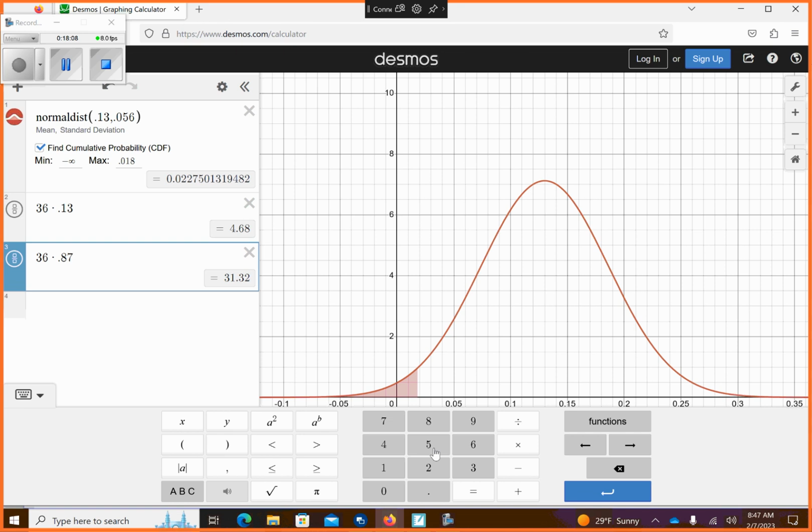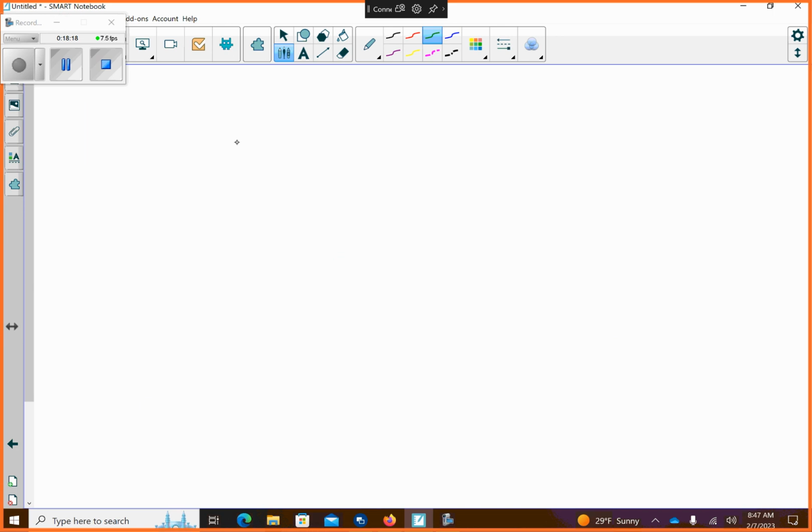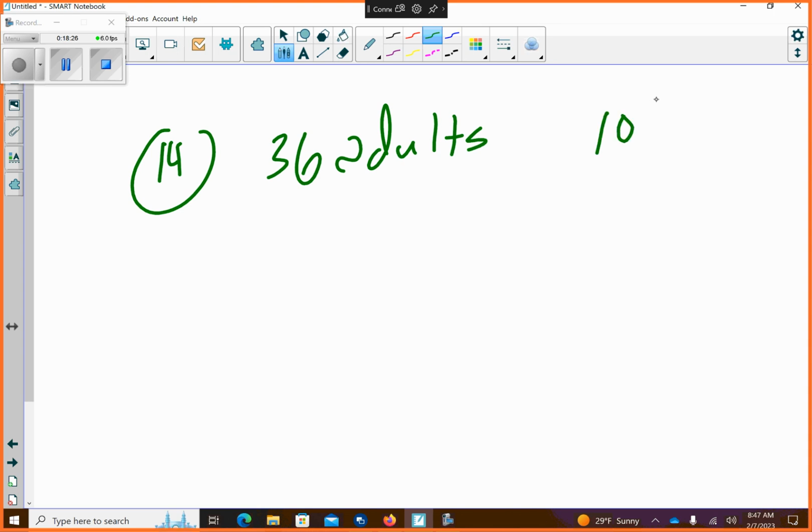Then assume your random sample of 36 adults produces 10 seniors. Identify both p and p hat. Okay, we could do that. Go back to this. All right, so number 14, if you have 36 adults and 10 senior citizens, our p hat is going to be 10 out of 36.